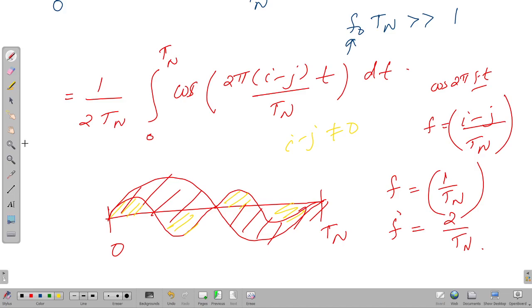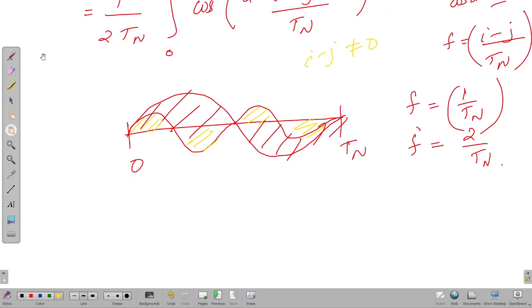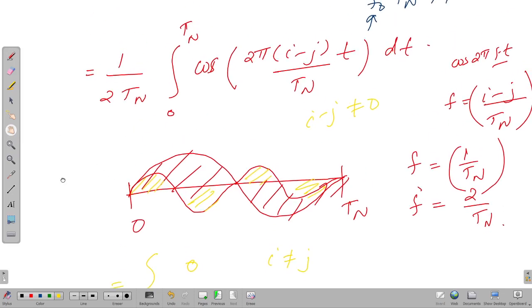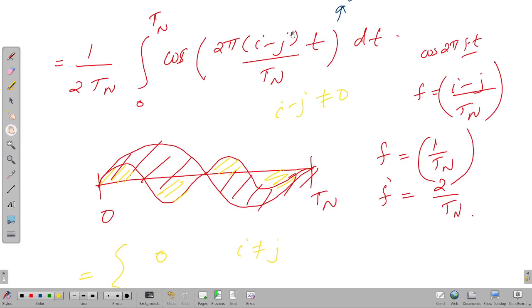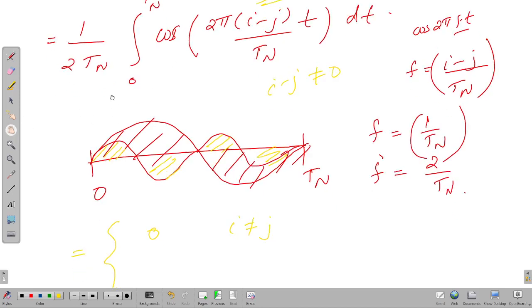So the answer to this integral can come in two ways. One way is that it could be 0 for i not equal to j, and the other answer you can have is when i is equal to j. When i is equal to j, what happens? You have 0 here, and cos 0 is 1.